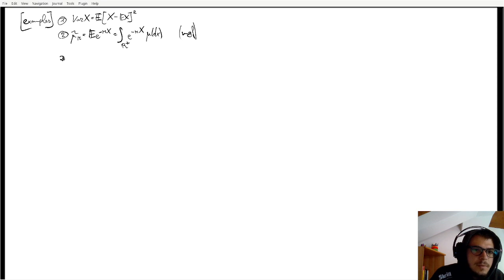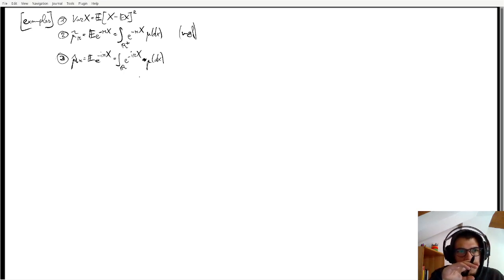And then we also have the Fourier transform, which is the characteristic function. And this time we have the integral over r exponential minus irx mu dx. So all these are examples of expectations.